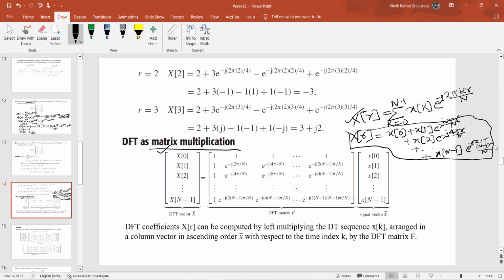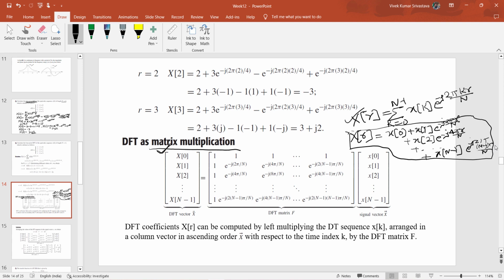So the final expression that you get for capital X of 0 will be x of 0 plus x of 1, x of 2, x of 3, and so on up to x of n minus 1. The summation of all these values will be equal to capital X of 0. Similarly, you can put the value of r as 1 to determine the second expression, and so on. That's how you will get this matrix.